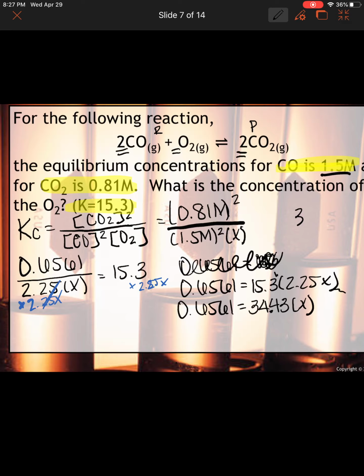Okay, so it is being multiplied by that x, and I don't want that x to be multiplied by that anymore. So I'm going to divide both sides by that value. Okay, so it's 34.43, 34.43. 0.6561 divided by 34.43.